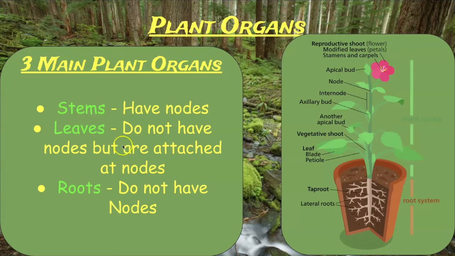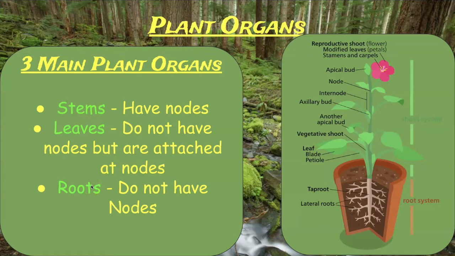So we have three main types of plant organs: stems, leaves, and roots. Sometimes a fourth organ is considered the reproductive organ, which is the flower. But not all plants have flowers, and we'll be talking about that later on in this video. But right now, just kind of know that our three main plant organs are stems, leaves, and roots.